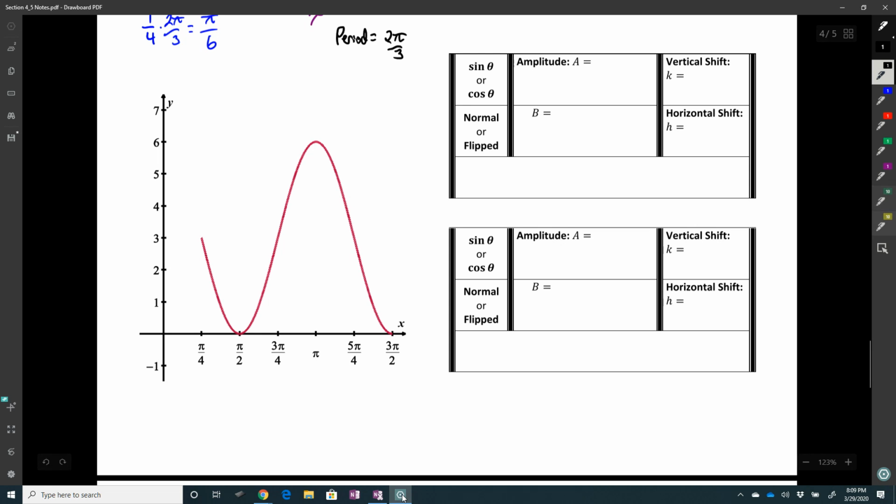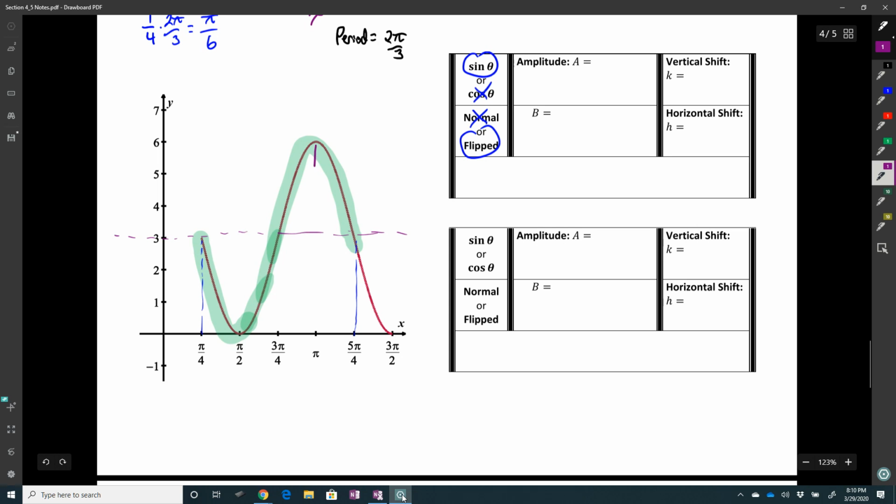So here, if I'm looking at this, the first thing I see is this. And so that starts at pi over 4 and then goes to 5 pi over 4. So this is an upside down sine wave. Okay, the amplitude, if I find the middle of the graph, notice that the middle is 3.